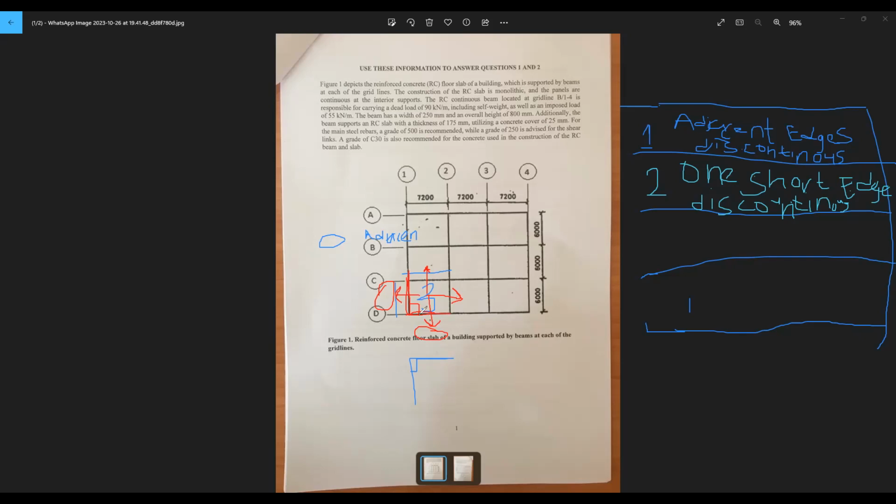What we have is two adjacent edges discontinuous. So that makes them fit for the description of two adjacent edges discontinuous. That will be our classification for now.